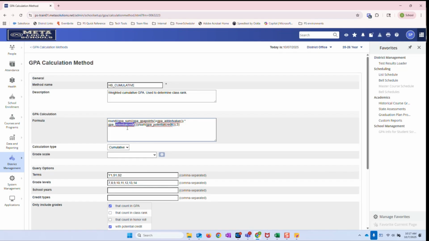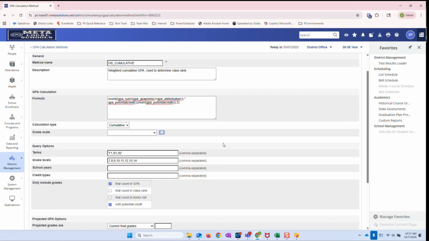But usually there's a potential credit value in there so that it's calculating the difference between a course that's worth a full credit versus a course that's worth a quarter credit, like a PE class. It would make a difference in the calculation how much, quote unquote, not to reuse a term, but how much weight is put into that course would be determined by how much potential credit it has. All right, so that's just a little bit about the calculation here. Again, I didn't plan to dive too deep into that.